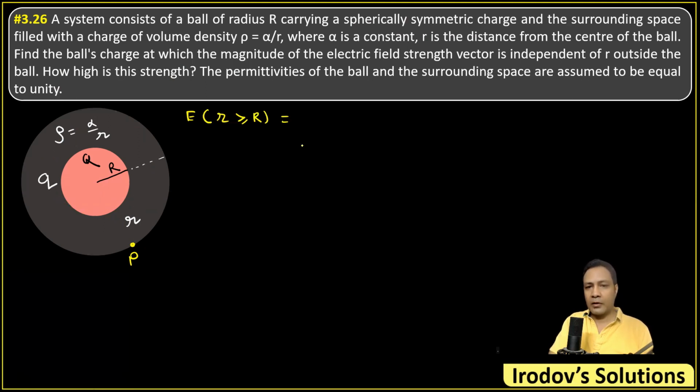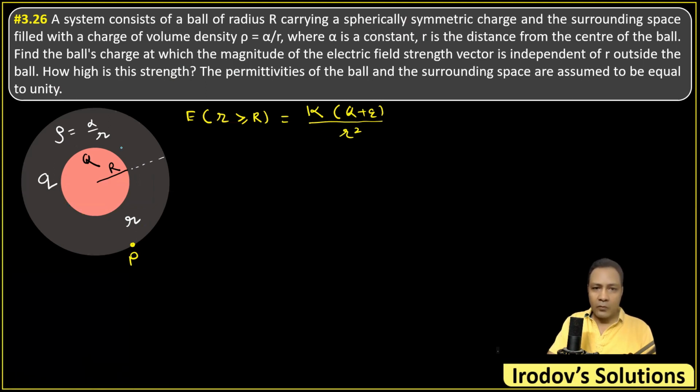Then the total electric field at this point will be simply K times the total charge up to point P divided by r square, that is K times capital Q plus small q by r square. So we have to basically find the small q.